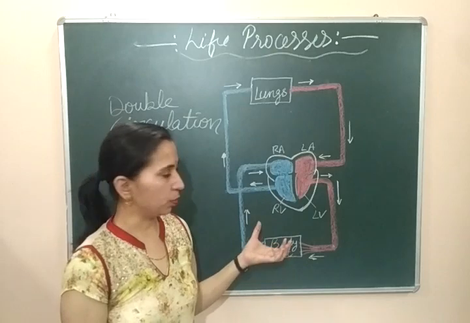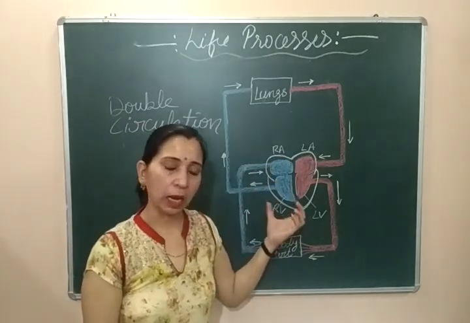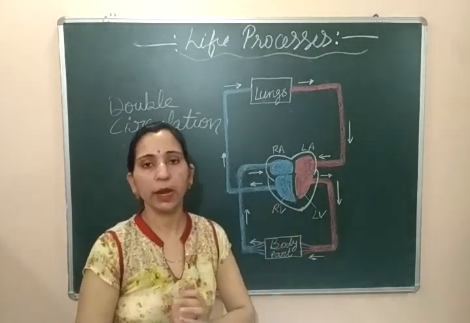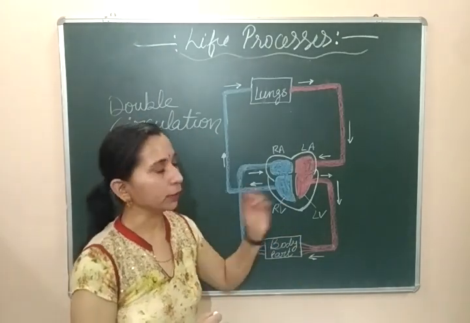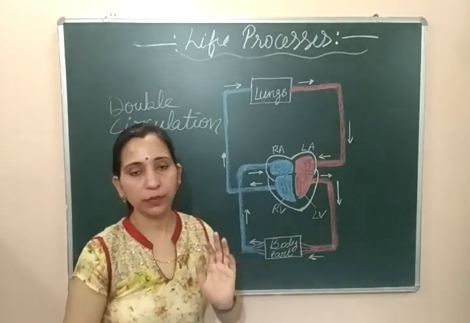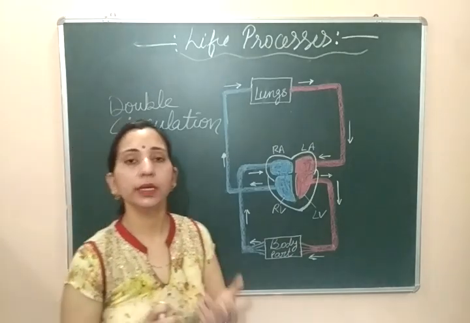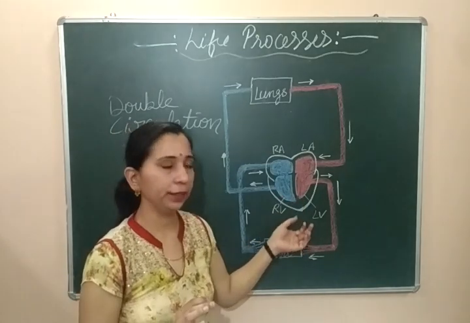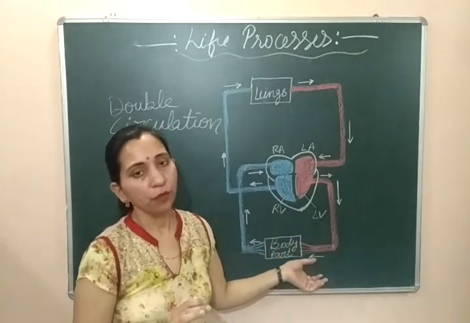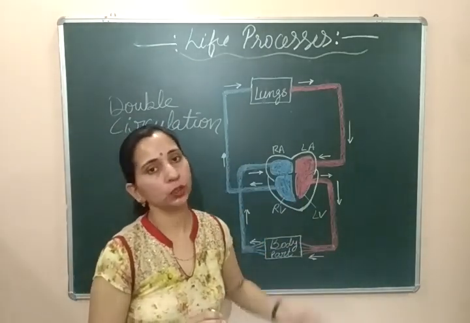In these four chambers, blood comes in and is transported out by the heart to the body parts, and again it comes back to the heart. This is one complete circulation. This is the one cardiac cycle that we already discussed: when the blood comes inside the heart and is transported to the body parts, from there it again reaches back to the heart.